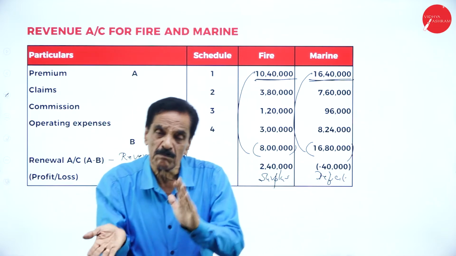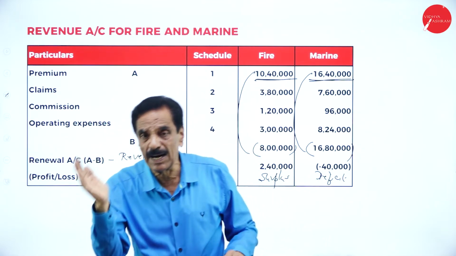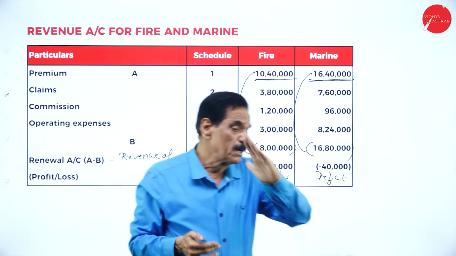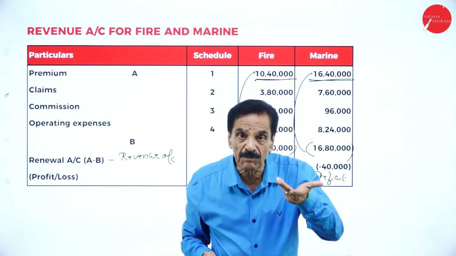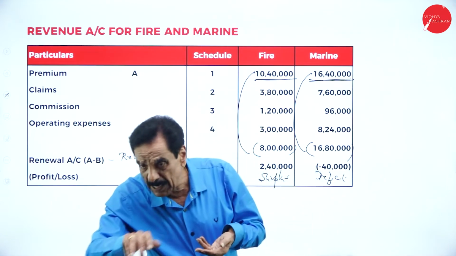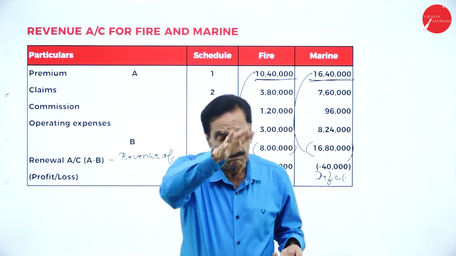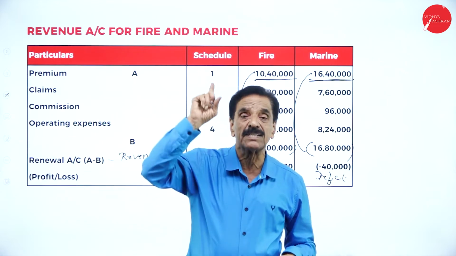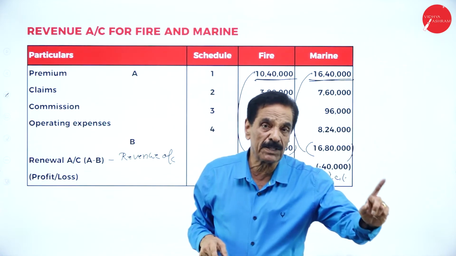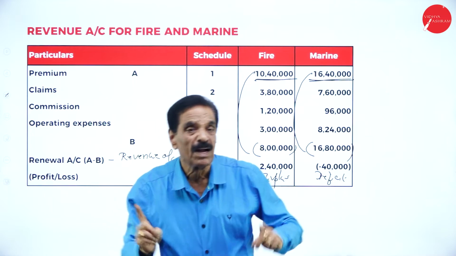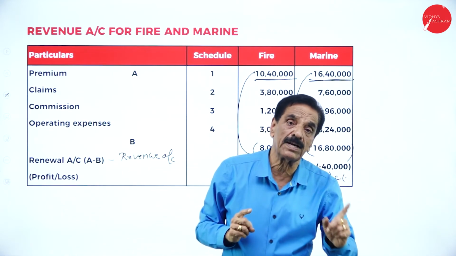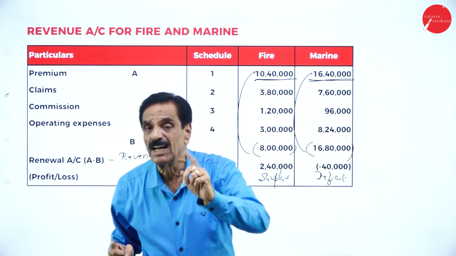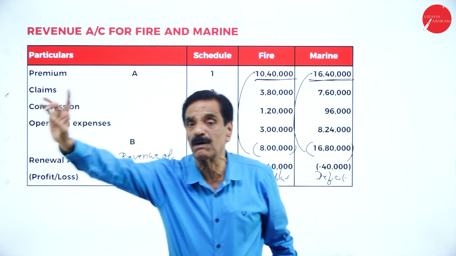Premium received minus reinsurance premium, add outstanding premium of the current year, less premium of the last year, add additional reserve at the beginning of the year, minus additional reserve at the end of the year, minus reserve for unexpired risk at the end of the year, 50% in case of fire and accident, 100% in case of marine.